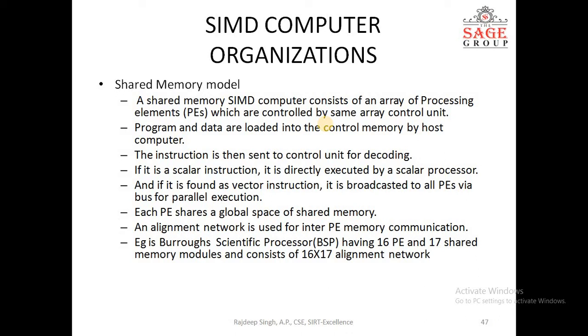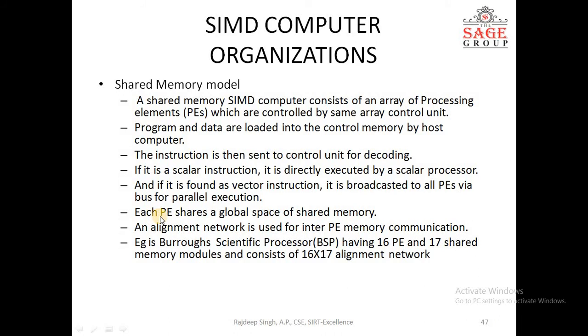If the instruction which is decoded is of scalar type, it is directly executed by a scalar processor, and if it is found to be a vector instruction, it will be broadcasted to all processing elements, PE being the short form of processing elements, via bus for parallel execution. Now this sentence is different from the previous one.